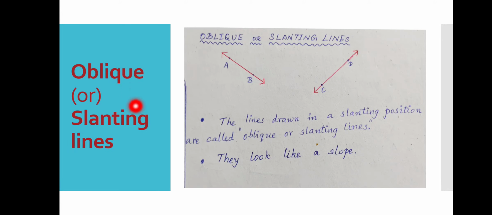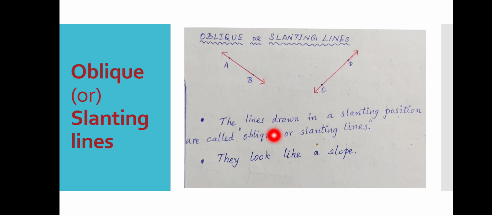Oblique lines or slanting lines. The lines drawn in slanting position are called oblique or slanting lines. They are not horizontal, they are not vertical, which means they are not parallel or perpendicular to the horizon or to the surface, to the plane.